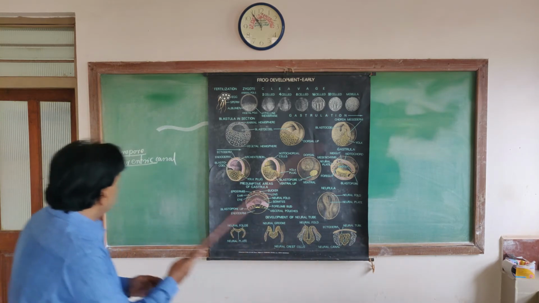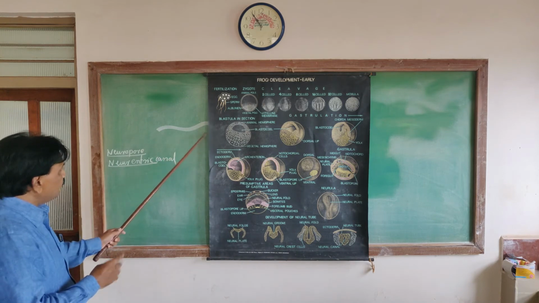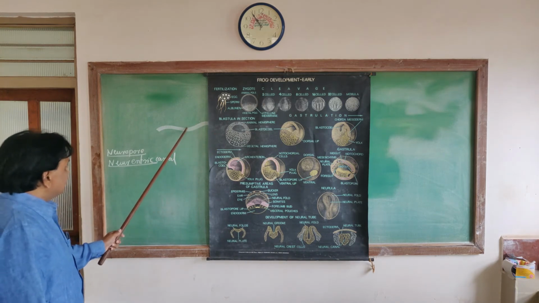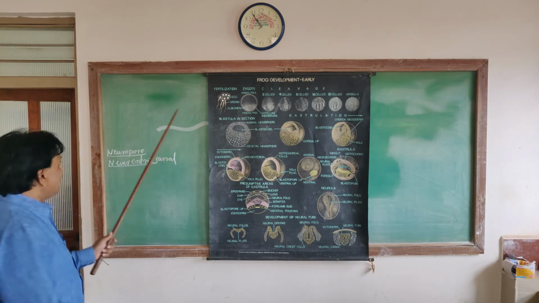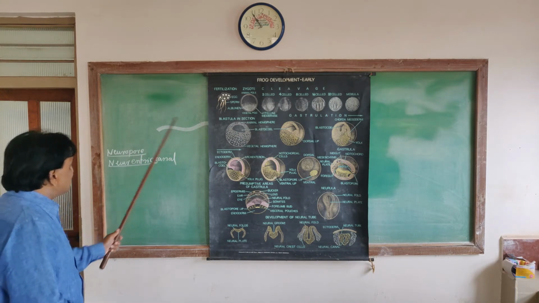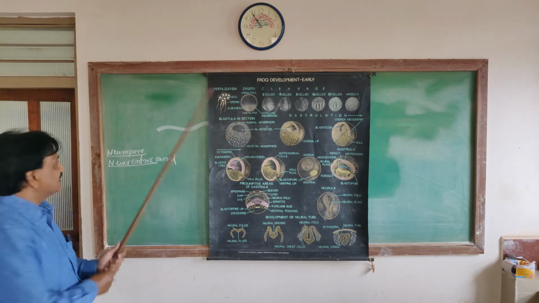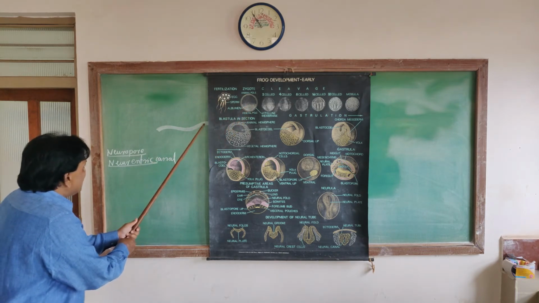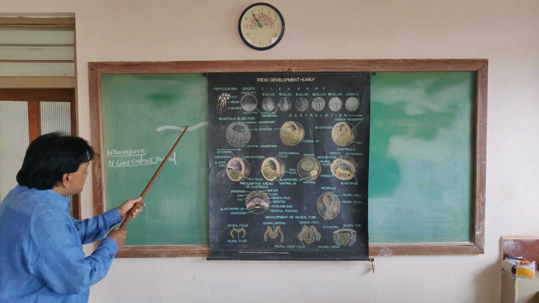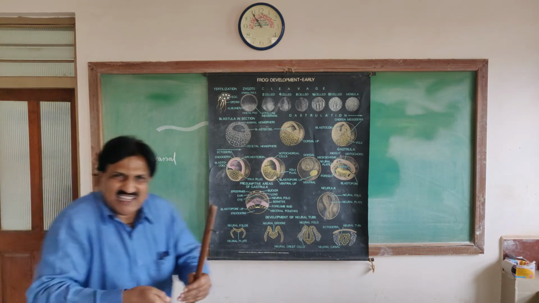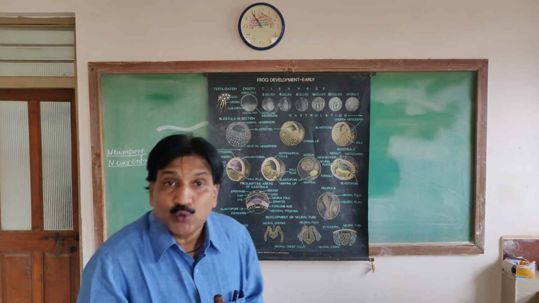Okay, now this plate has two important structures. This is called the edge of the neural plate, and this depression, a kind of depression, is called the neural groove.